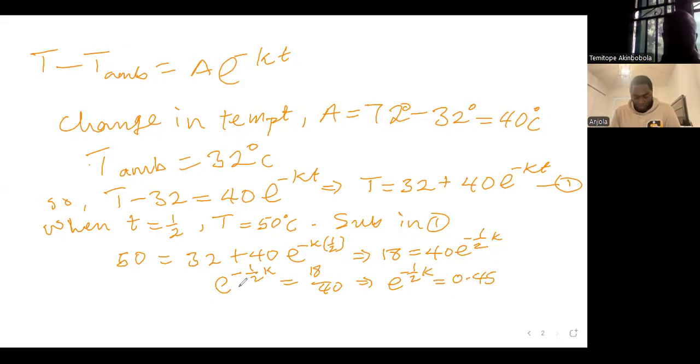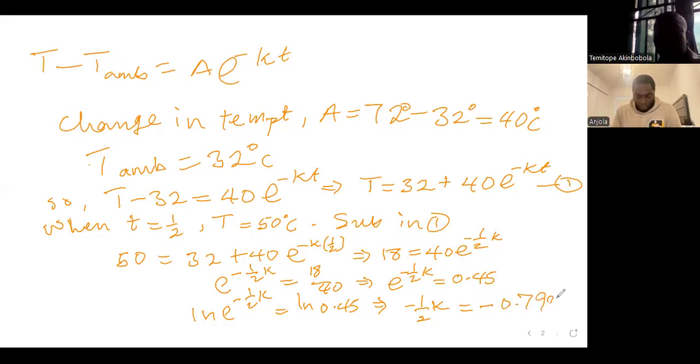So take ln of both sides. Ln e raised to power minus 1 over 2k equals ln 0.45. And that will be minus 1 over 2k equals ln 0.45, which will give us minus 0.7985. And of course, minus will cancel minus.